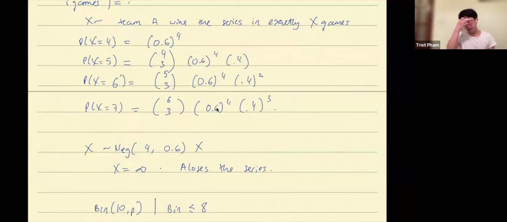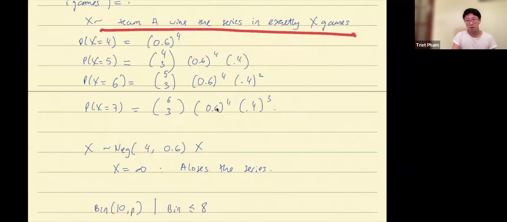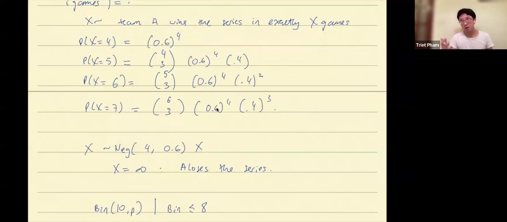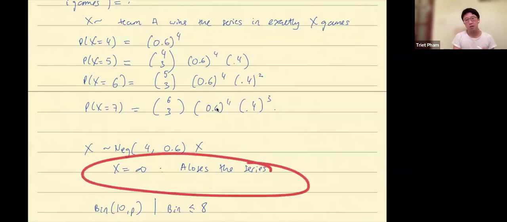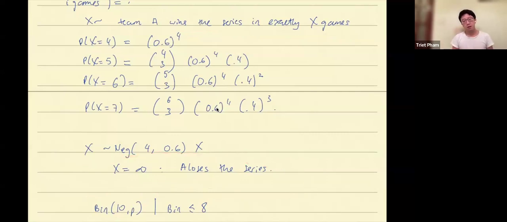The reason is that the negative binomial only describes the number of trials you take until you get a certain number of successes. But here X only describes the winning scenarios and not the losing scenarios. So it's not really about restricting the range in the sense of conditioning. It's basically missing a state. That's what it is.